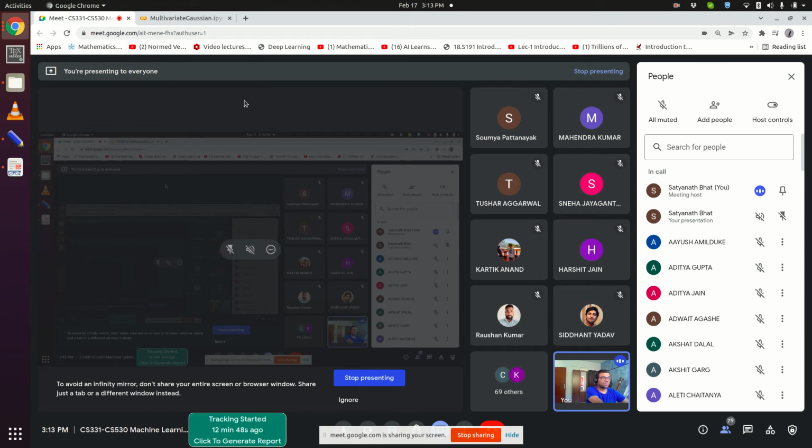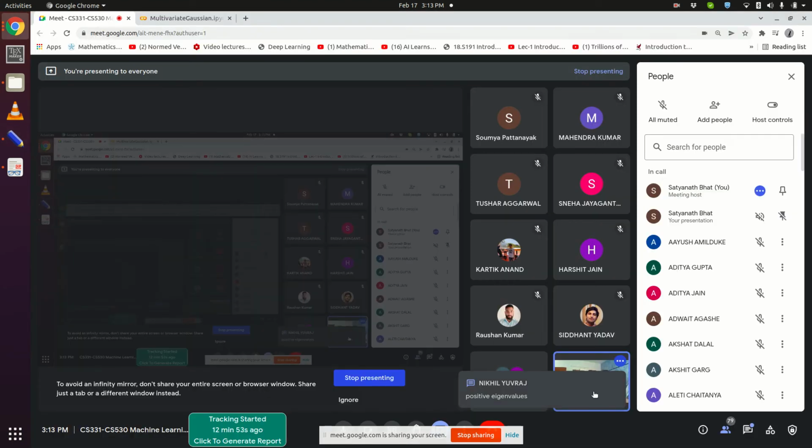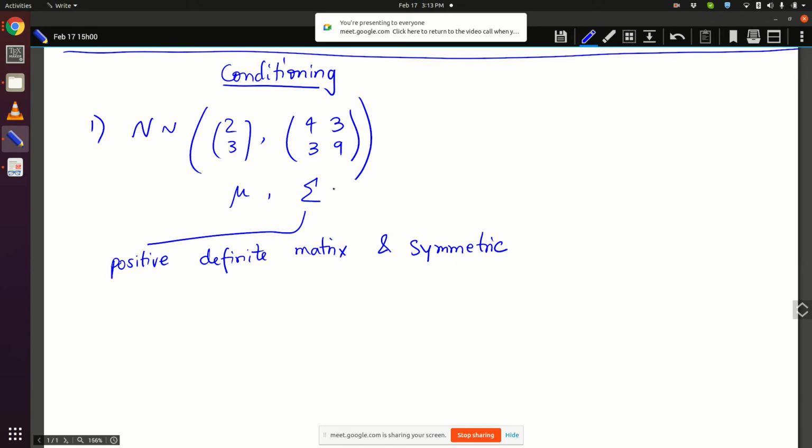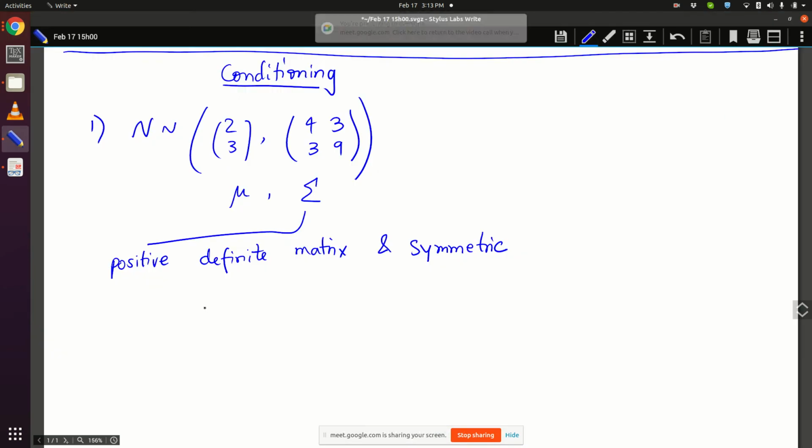Positive eigenvalues is correct, because it is symmetric, it has positive eigenvalues, but besides that, can you say anything more? We can write it in the form of its eigenvectors and eigenvalues. That is true, most matrices you can write like that, it's called eigen decomposition. For a symmetric matrix we can decompose it.